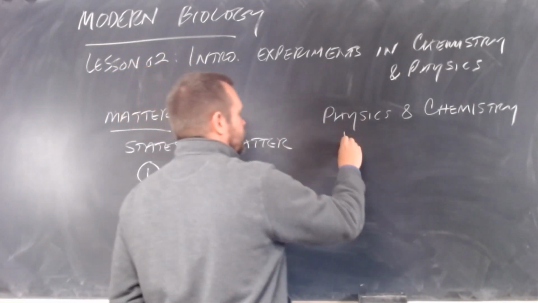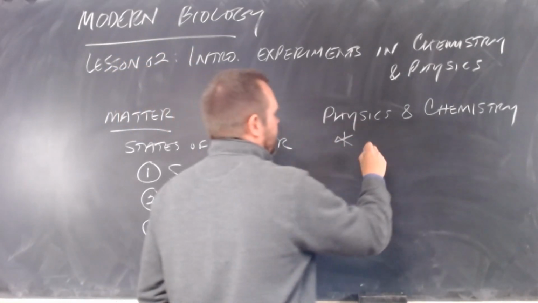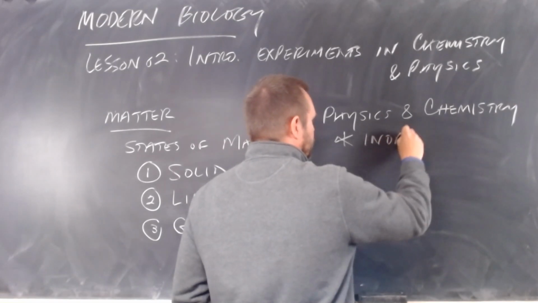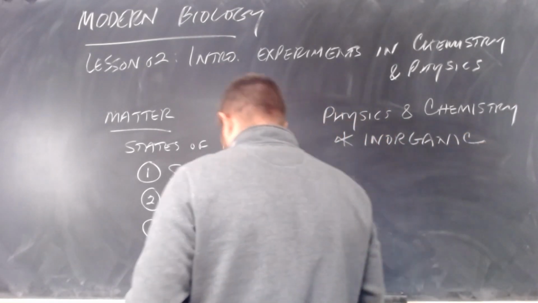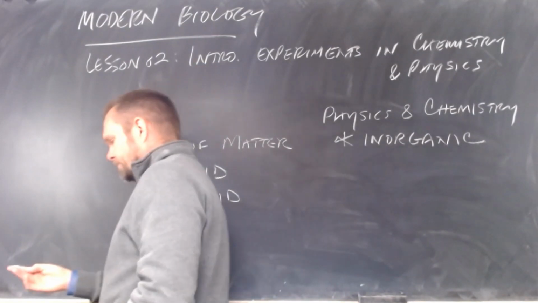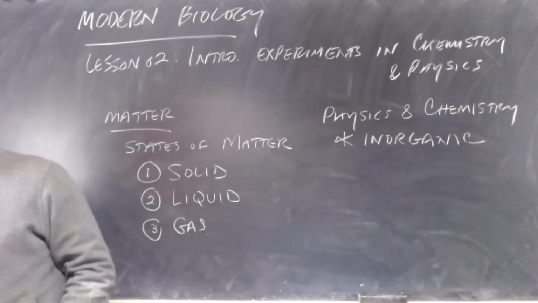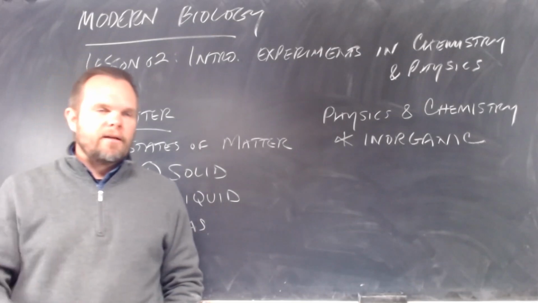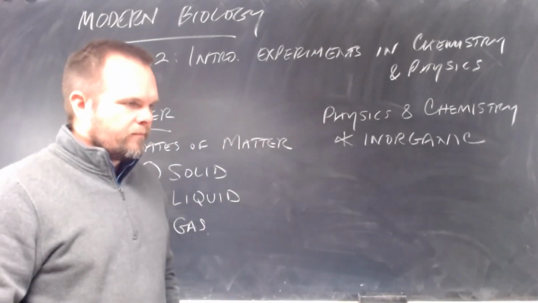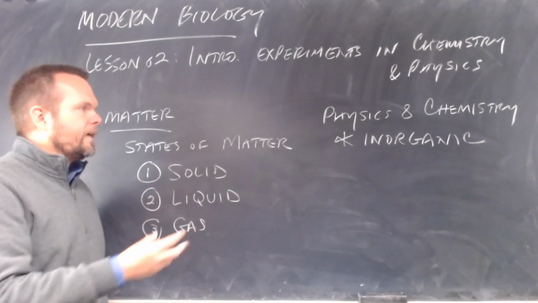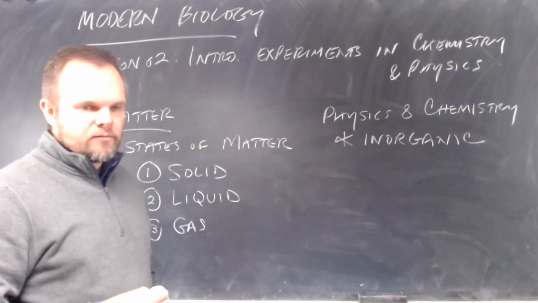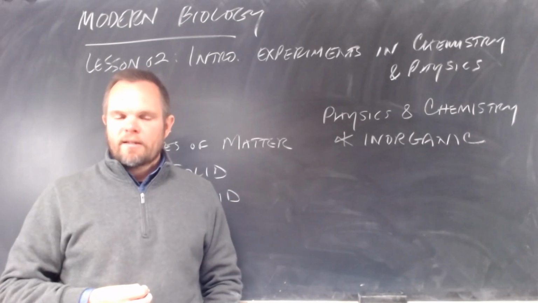Physics and chemistry chiefly study inorganic matter. So physics and chemistry are concerned with a different kind of matter. There's living matter we study in biology. Inorganic or dead matter we study in physics and chemistry.